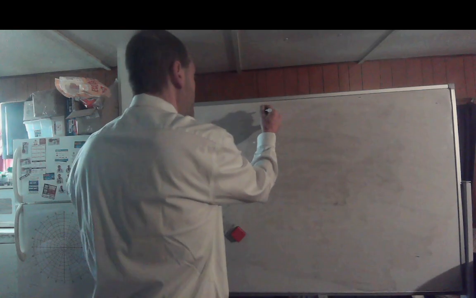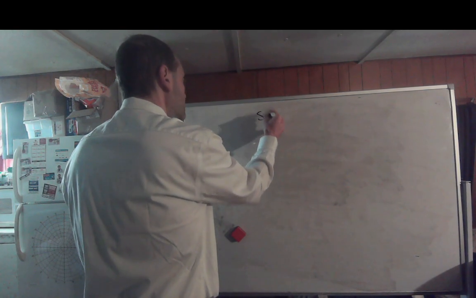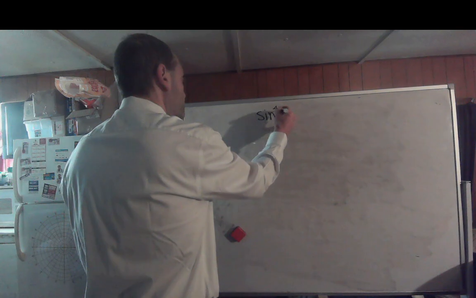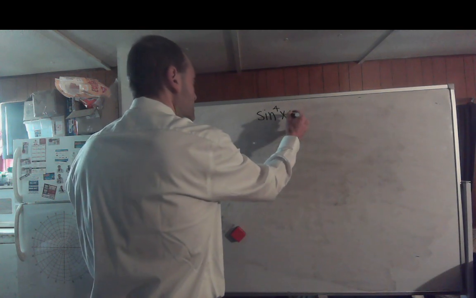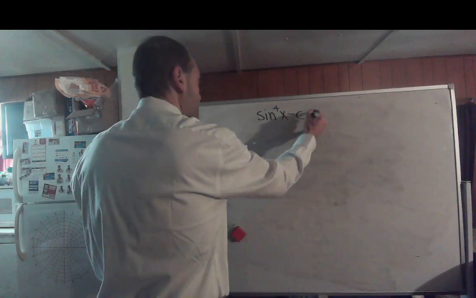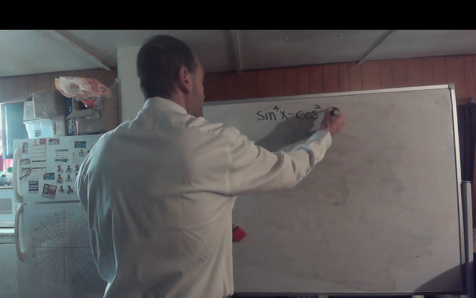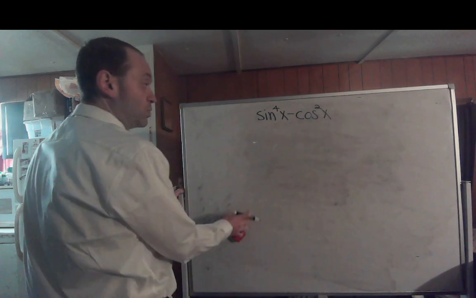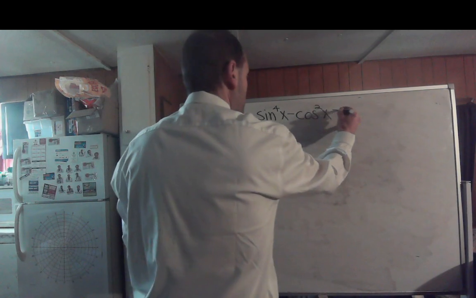Alright, so we have the sine to the fourth of x minus the cosine to the fourth of x. So what's this going to look like?